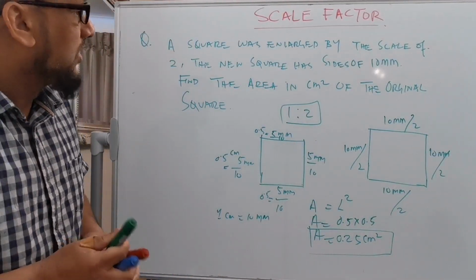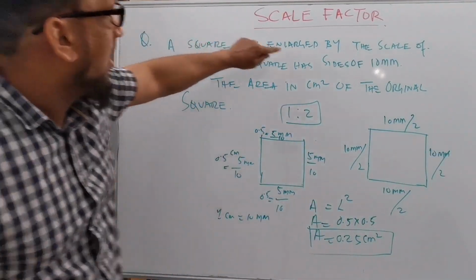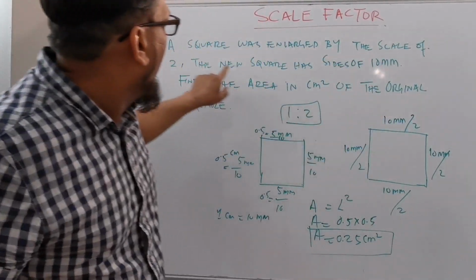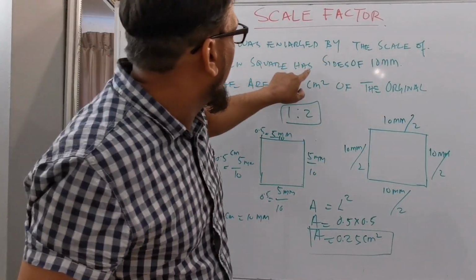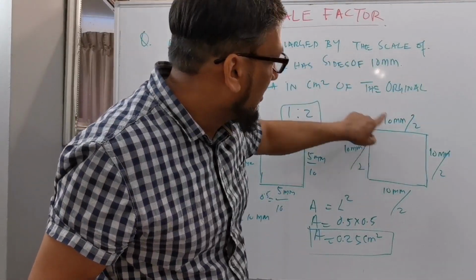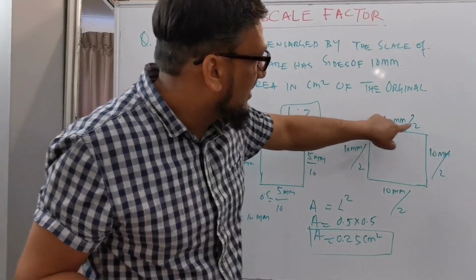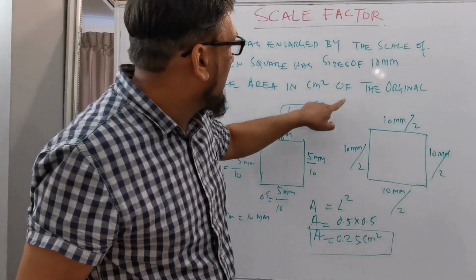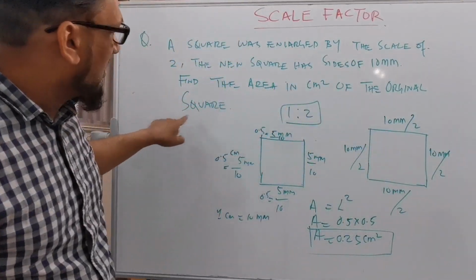So the question was: a square was enlarged by the scale of 2, and the new square has size 10 millimeter. Find the area in centimeter square of the original square.